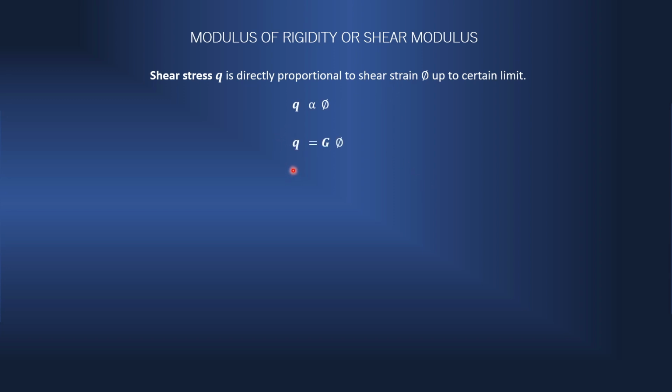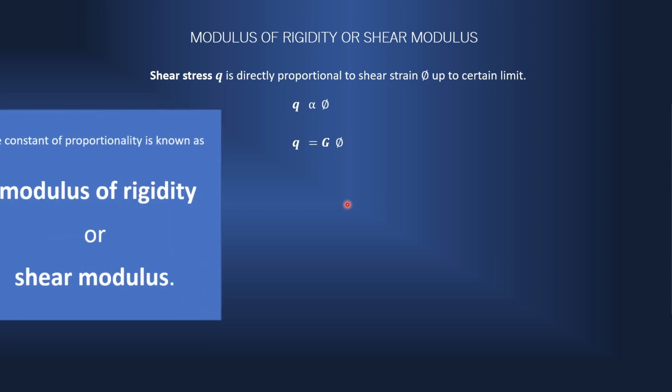Now we'll study what is modulus of rigidity. Modulus of rigidity or shear modulus. Young's modulus is related with normal stress, normal force. It is related with tension compression. But shear modulus is related with shear force, shear deformation. It has been found that shear stress is directly proportional to shear strain, and corresponding constant of proportionality is that shear modulus.